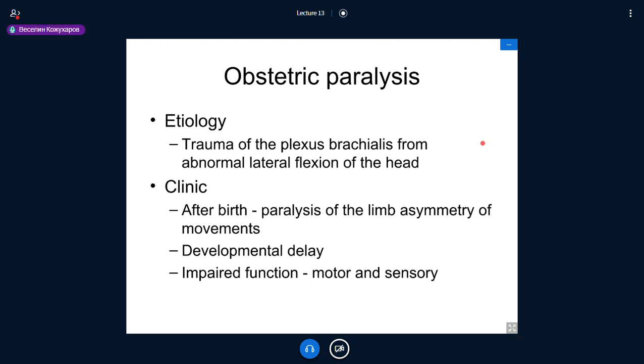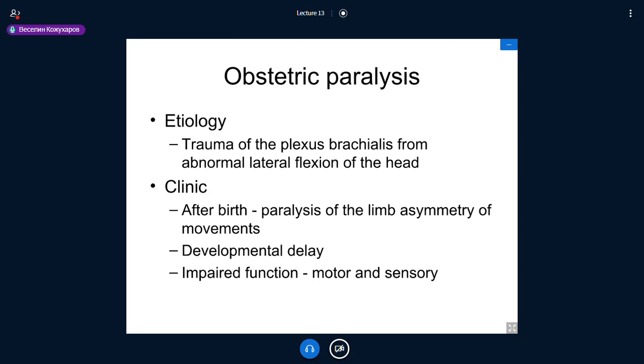What is the clinical presentation? After the birth, there is a rapid development of paralysis of one limb, one upper limb, not both, not the lower limb, one upper limb. Asymmetry of movements. The affected limb is lying on the couch, and the normal limb is moving spontaneously. After that, usually parents and doctors could observe developmental delay and, of course, impaired function.